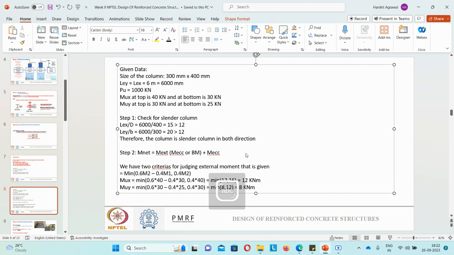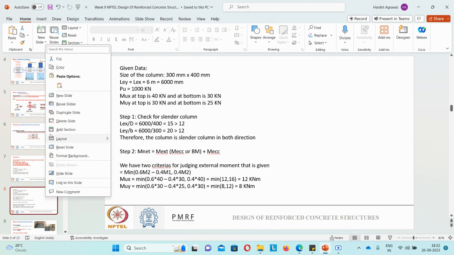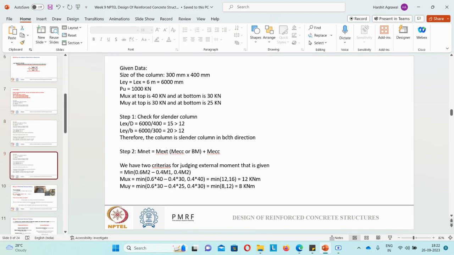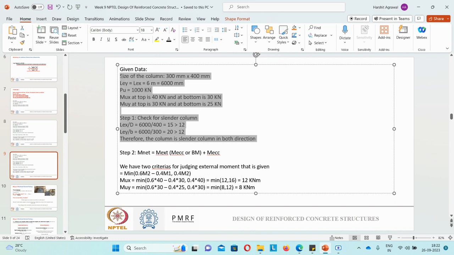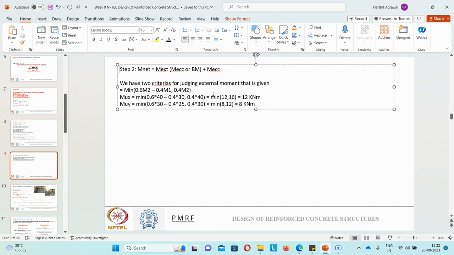So we know the net moment acting due to the external moment that is given to us. Now the next step is to take the external eccentricity into account. So how to do that?